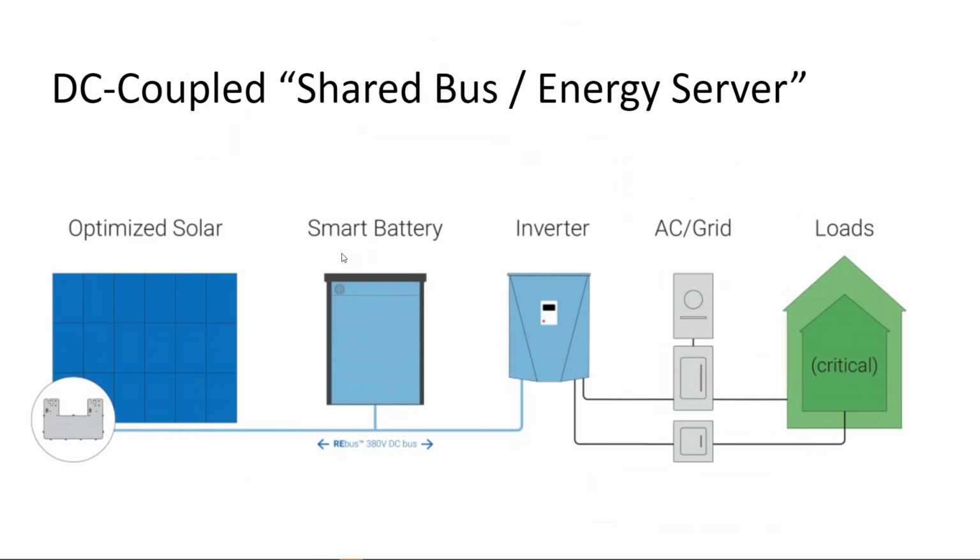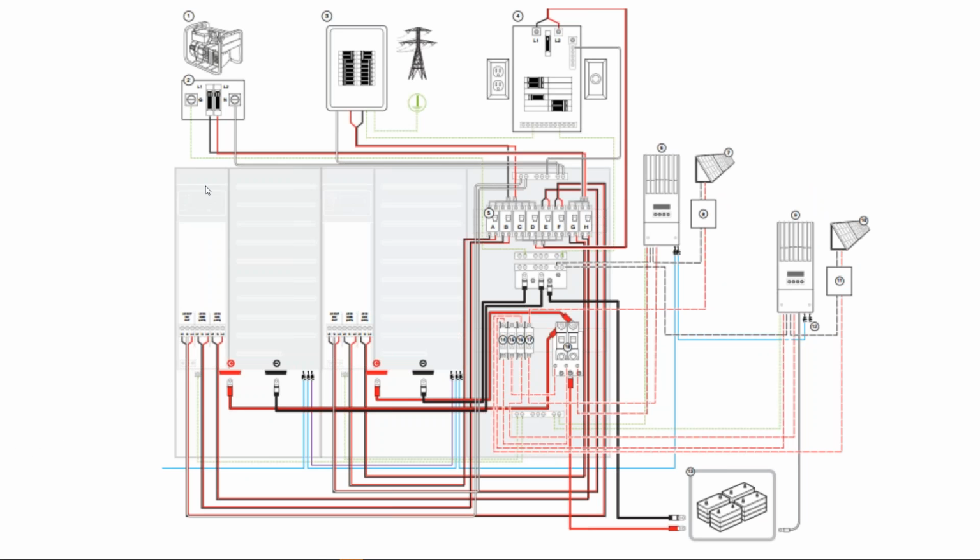Let's look inside one of these distribution panels. We'll look at a wiring diagram. And I selected this one because it's complicated. What we have is a single battery bank, two charge controllers that are DC coupled to the battery bank, what's called a double stacked inverter.